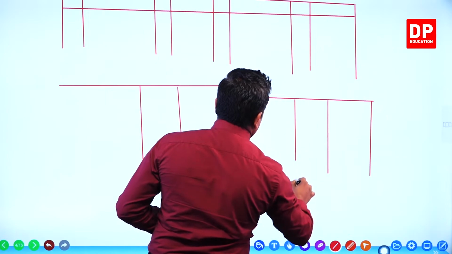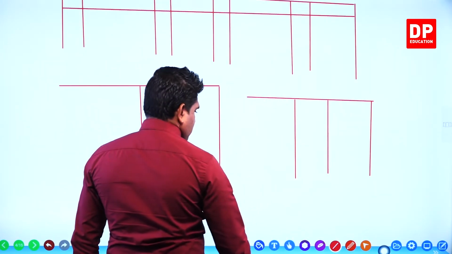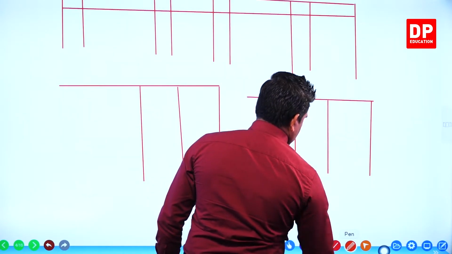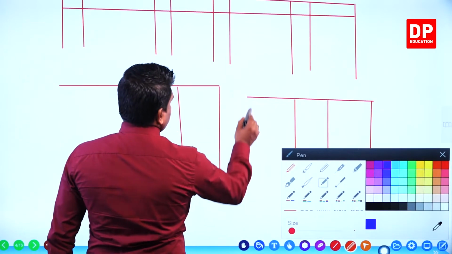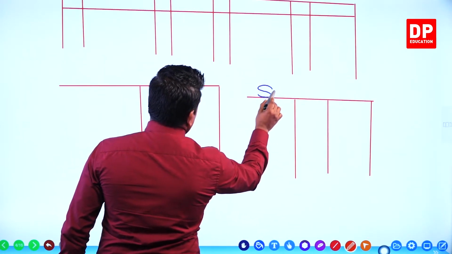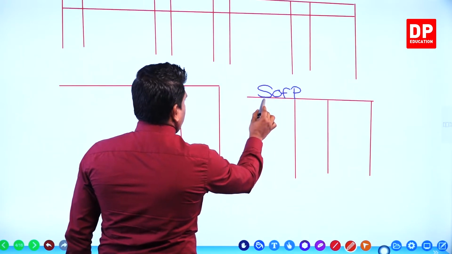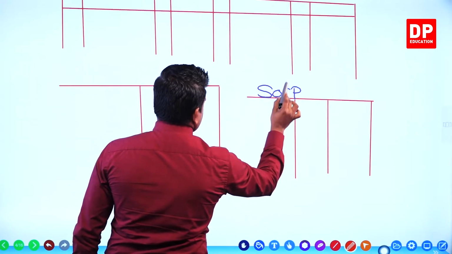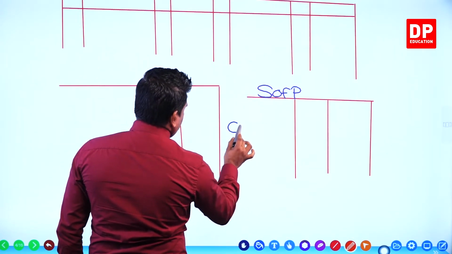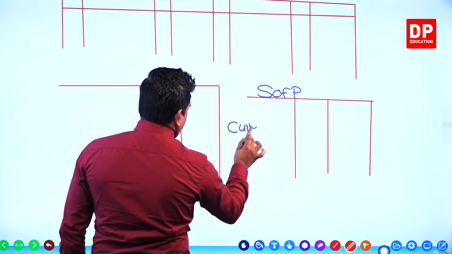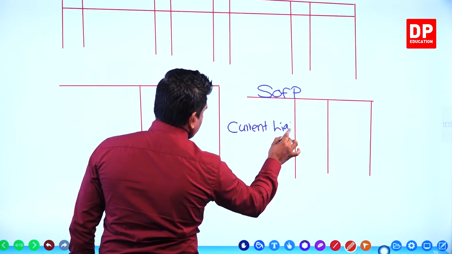Only part of the profit and loss statement and part of the financial statement, means statement of financial position, SOFP, right? Here we need only the current liability area, right? That's why we write current liability, right?